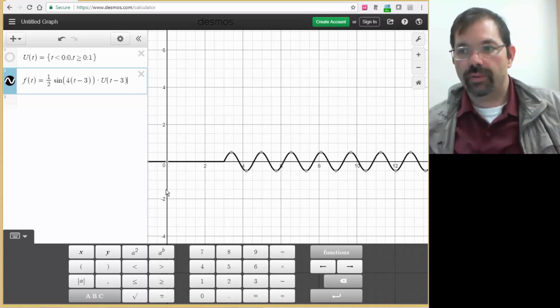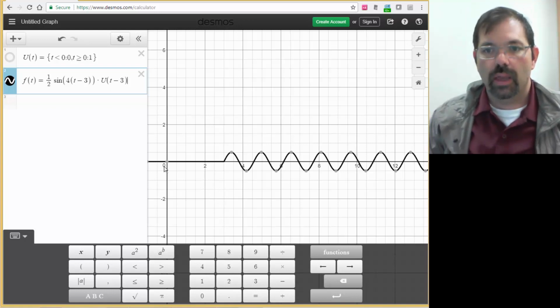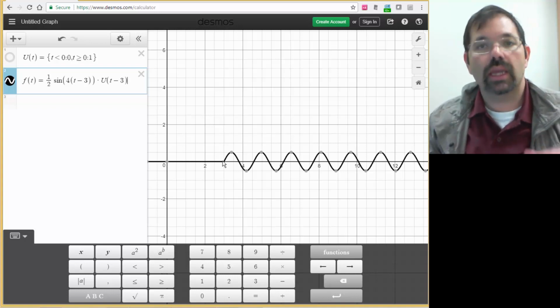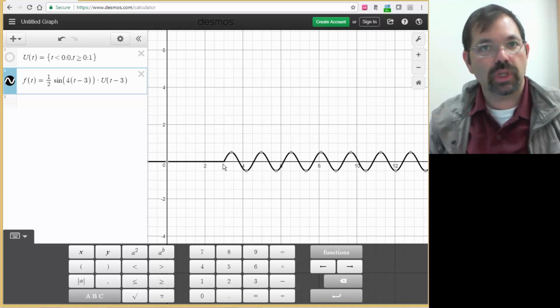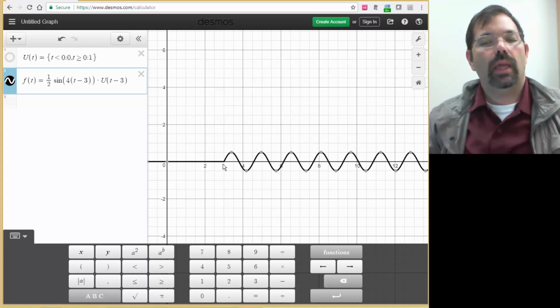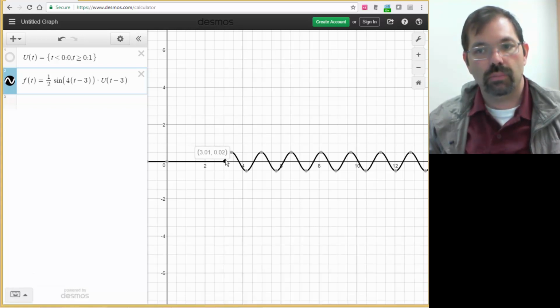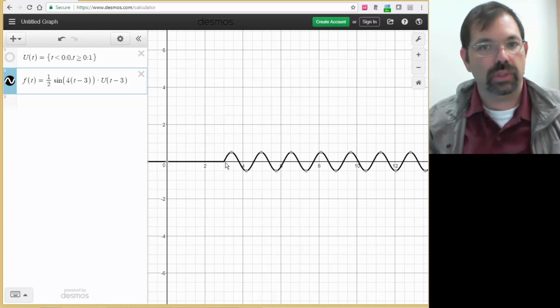And there's the graph of the function. And we can see, as expected, the position was 0 until it was hit. Something came along and hit the object, and at 3 seconds the motion starts and has whatever amplitude.